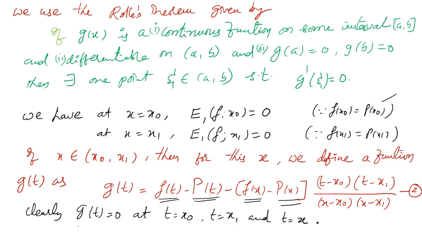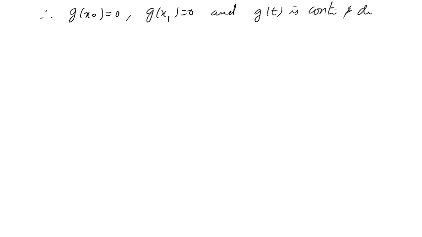Therefore, what are the endpoints here? Let me write g of x0 equal to 0, g of x1 equal to 0. And g of t is continuous and differentiable, right?